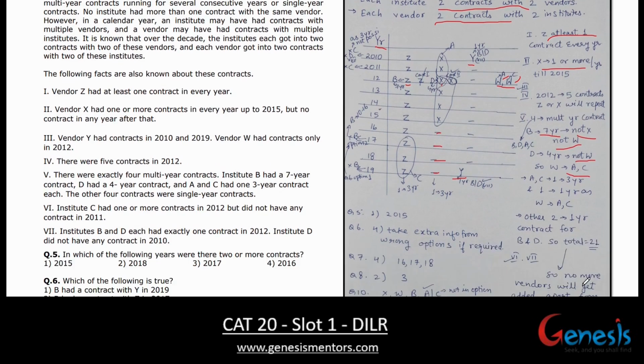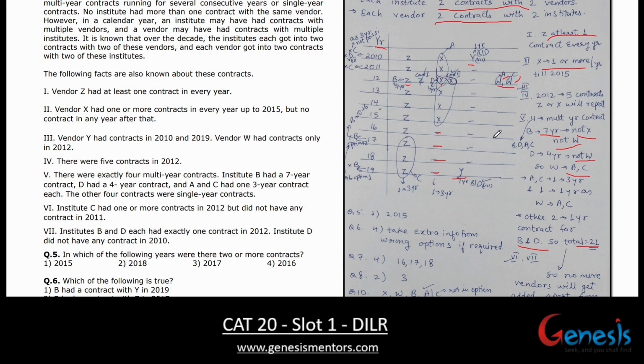Now the other 2 1-year contracts are with B and D. So how many total contracts have we got? 21, right? So if we look at what we have represented as of now: 2010 to 2019, Z 10 times; 2010 to 2015, X 6 times, so 10 plus 6 is 16; W 2 times, 18 years; Y is in 2010 and also in 2019, so 20 years.